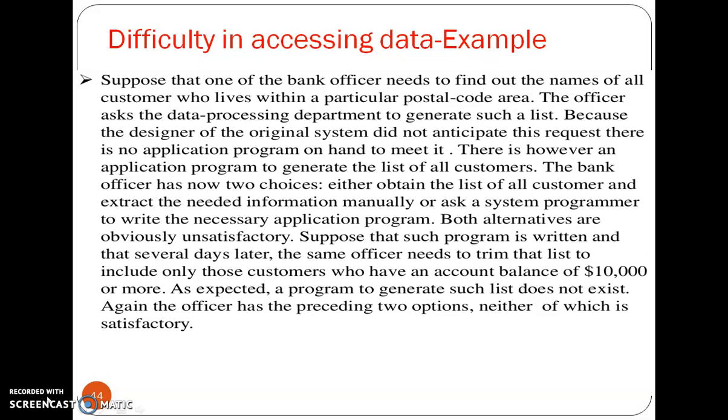There is, however, an application program to generate the list of all customers. The bank officer has now two choices. Either obtain the list of all customers and extract the needed information manually, or ask the system programmer to write the necessary application program. Both alternatives are obviously unsatisfactory.